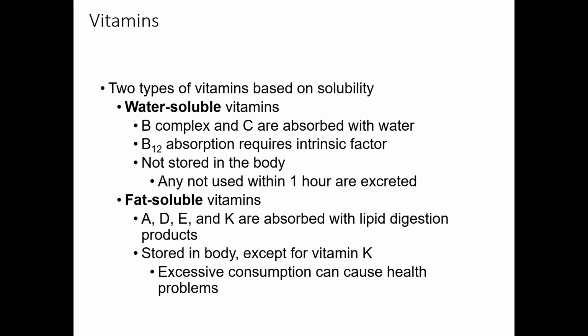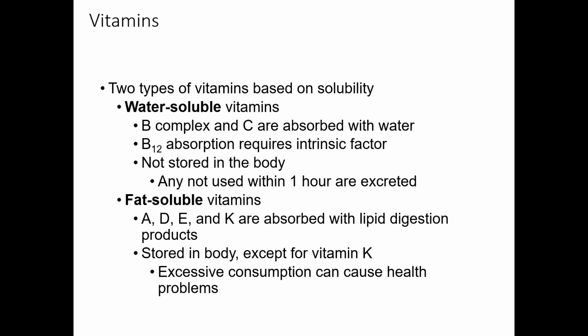Vitamin K functions as a coagulant. So vitamin E is sort of functioning like an anticoagulant, like a blood thinner, and vitamin K allows our blood to clot when it needs to.